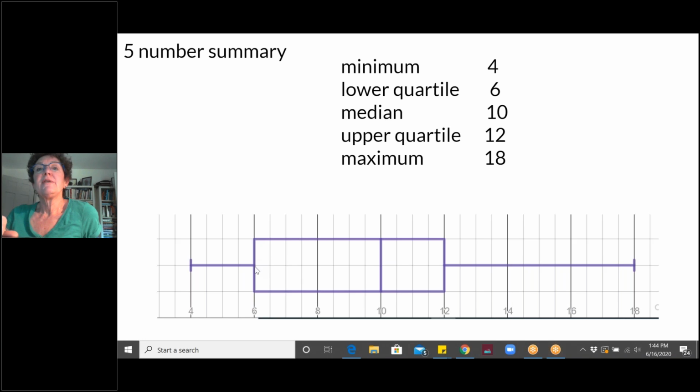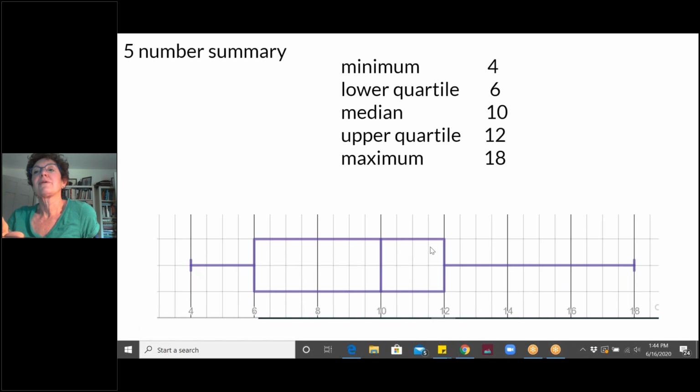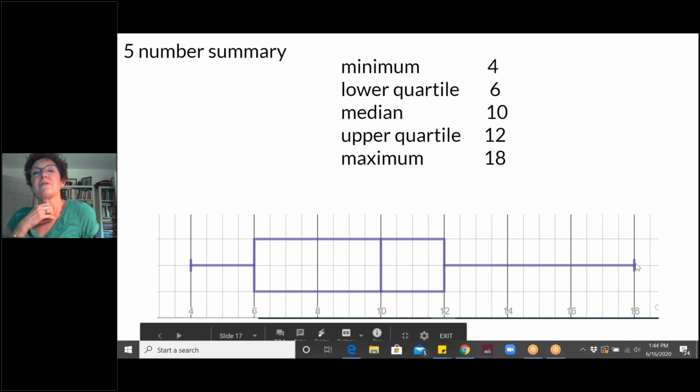Remember that these 3 lines here were drawn bigger to remind us to put a box around them, because this represents the box part of our box and whisker plot. Then we connect the minimum to the box with a whisker and connect the maximum to the box with a whisker.